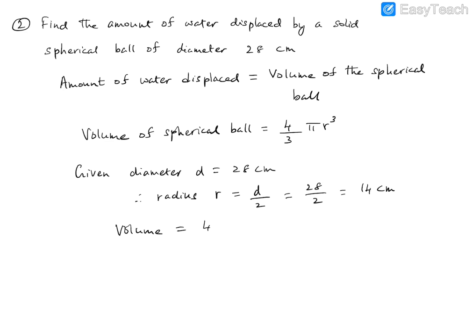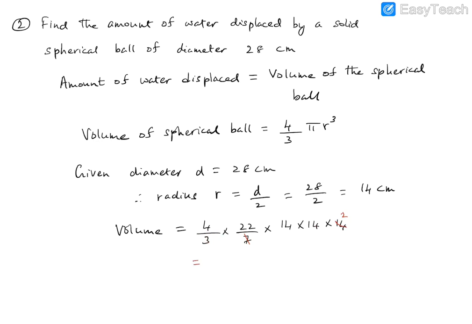Volume is 4 over 3 into pi is 22 over 7 into r cube, that is 14 into 14 into 14. One of the 7s goes into one of the 14s 2 times. So we now have on the numerator 4 into 22 into 14 into 14 into 2 divided by 3.